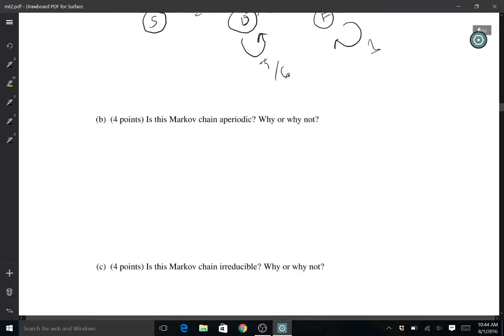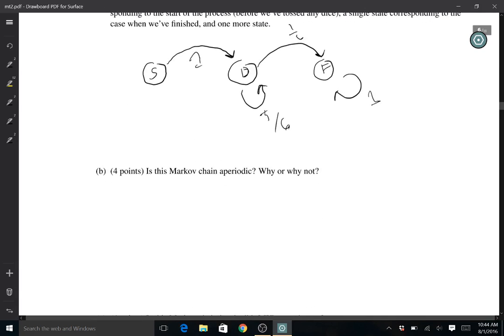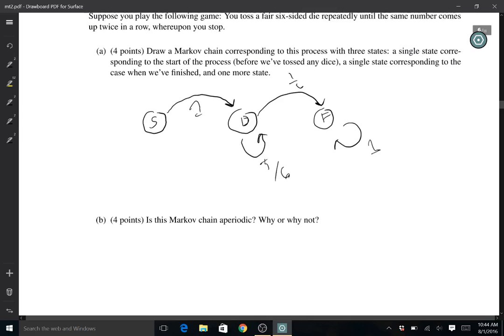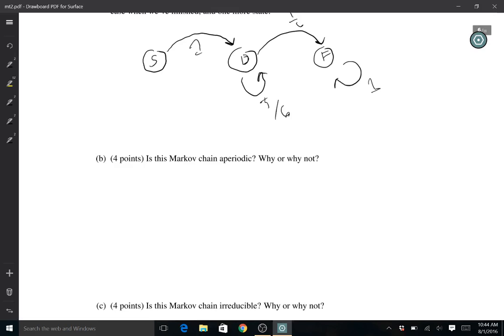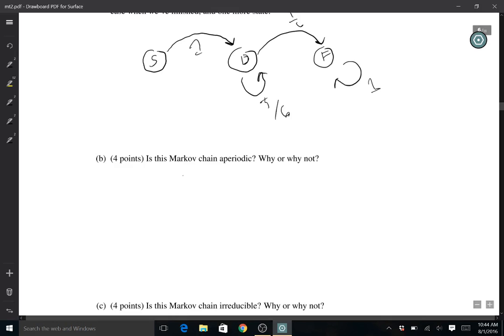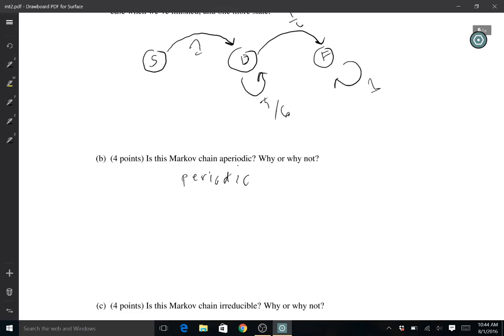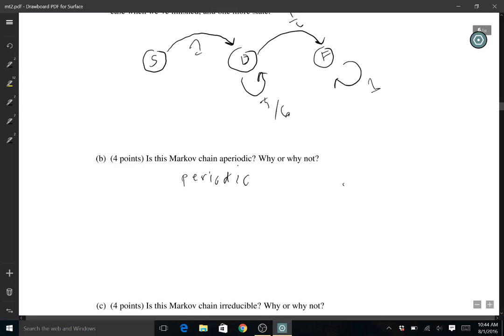And then, is this Markov chain aperiodic? There was a lot of confusion over this question, because maybe it wasn't as clearly defined as we would have liked it to be. But the answer is that this is actually periodic. And the reason it's periodic is because S is periodic.